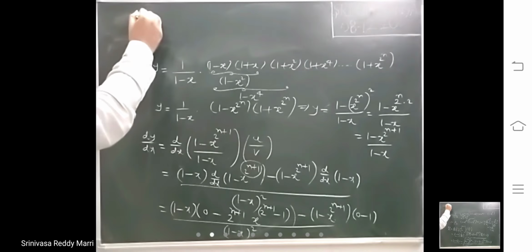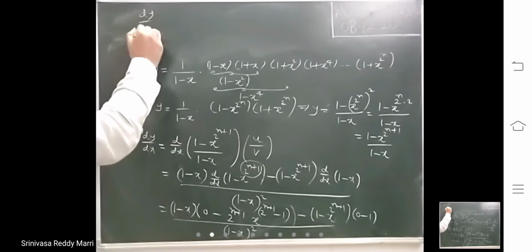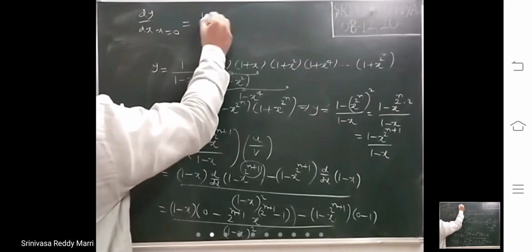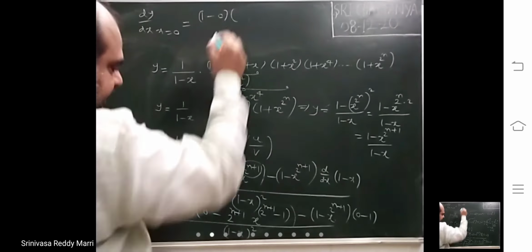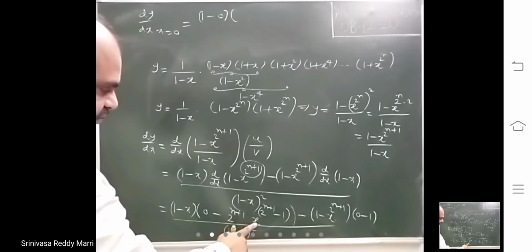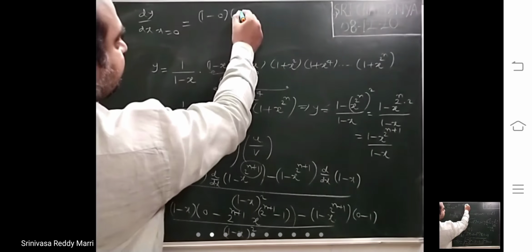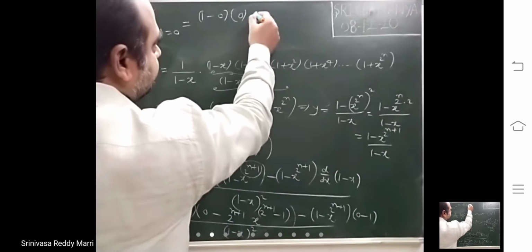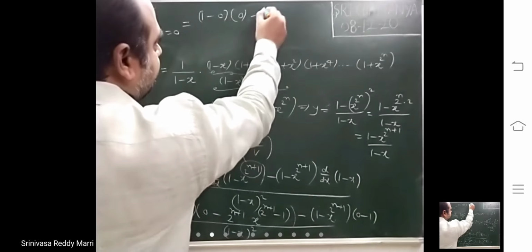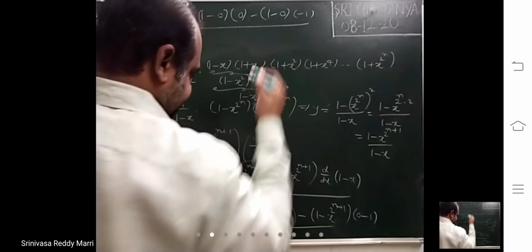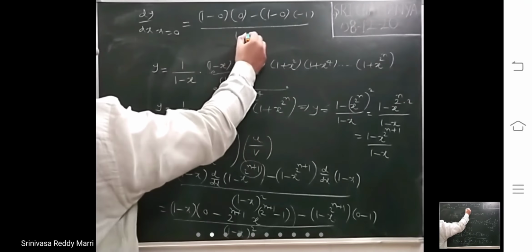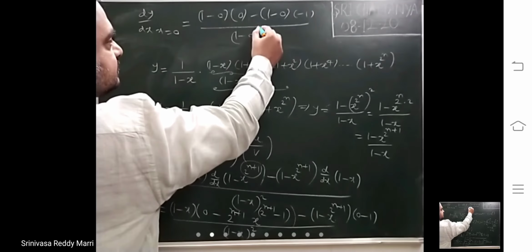Now dy by dx at x equal to 0. Put x equal to 0 wherever it is. That means you will get 1 minus 0 into this. If you substitute x equal to 0, this term will become 0, since 0 to the power n is 0, minus 1 minus, if you substitute 0, you will get 0 minus 1 divided by 1 minus 0 whole square.